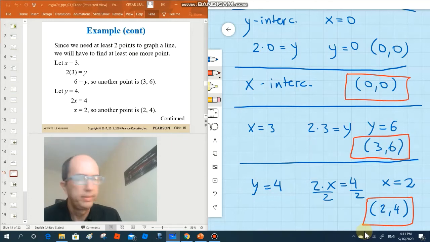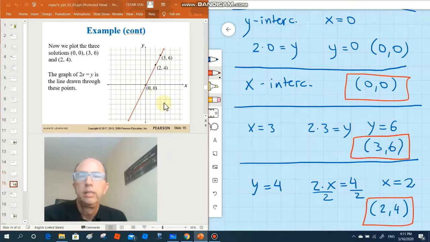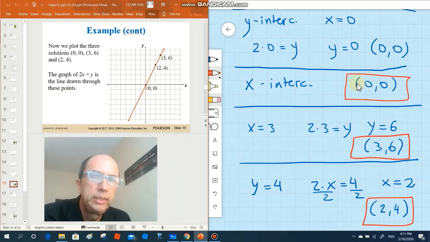Okay? Go to your coordinate system, x and y, plot the points, plot the ordered pairs, 0 and 0, 2 and 4, 3 and 6. Draw a line going through all these 3 points.